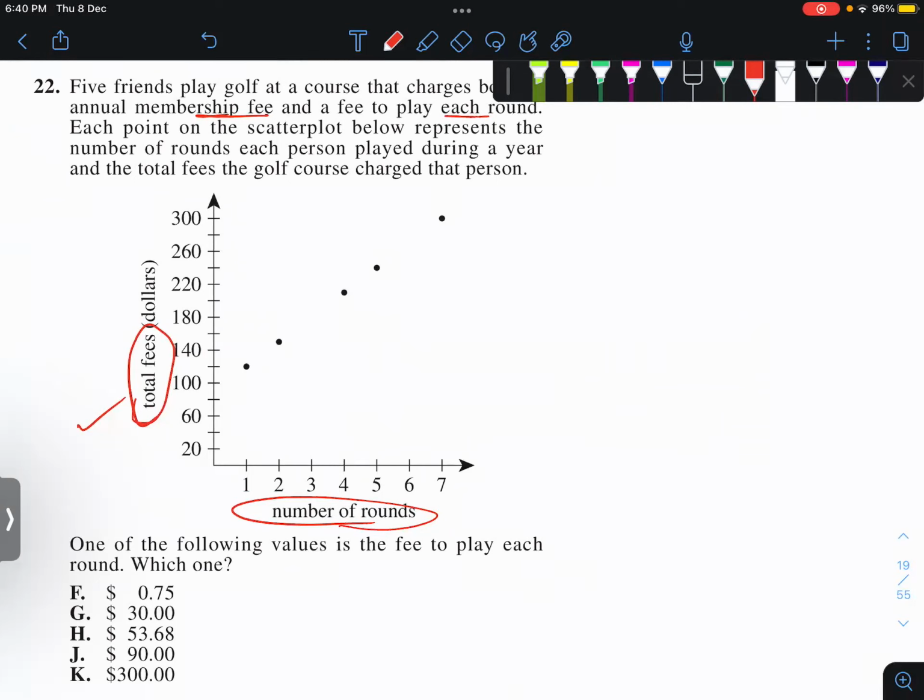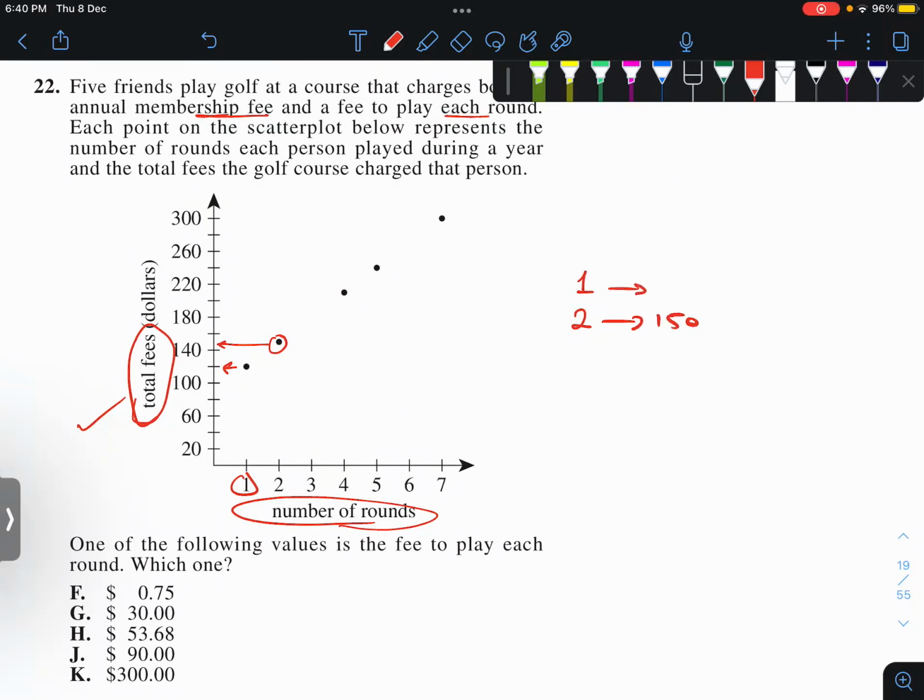Like one round here. One round is about what? 100 and something, right? But it's not exactly the same because it's a scatter plot. Let's take one more point, like 2 rounds. It's 140 something, 150, like 2, 150.